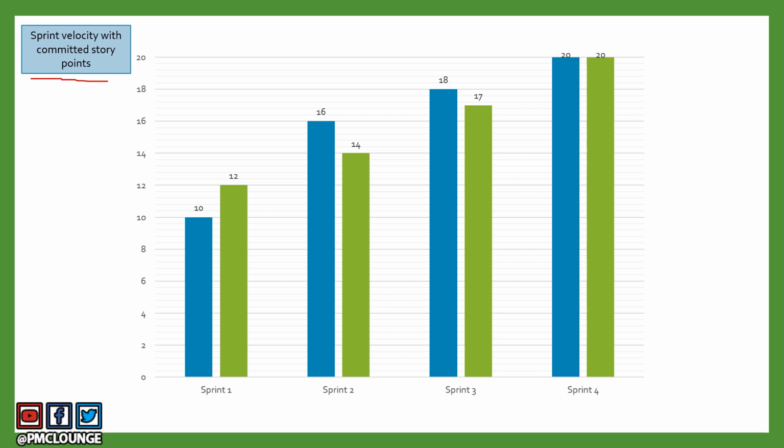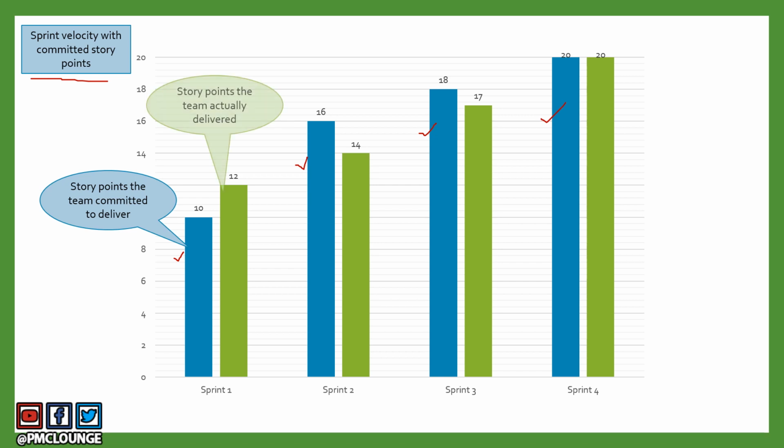Now in this chart, we are also going to take a look at how many story points the team committed to deliver. The story points the team committed to deliver are in the blue bars that you see here, and the green ones are the ones that the team actually delivered.